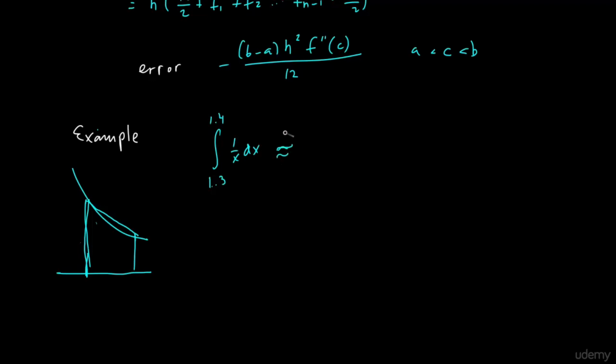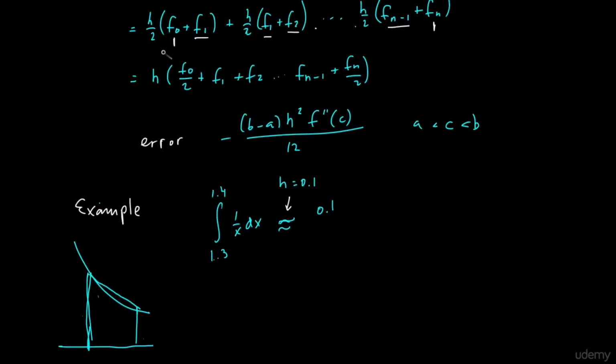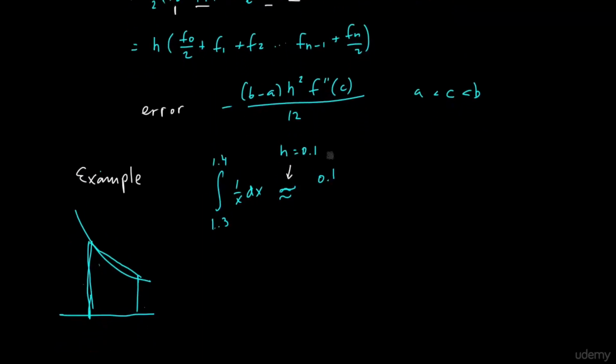So what we're essentially saying is that we're taking the value of h to be equal to 0.1. That's the distance between the left point and the right point, between 1.3 and 1.4. So we have the h value, which is 0.1, and then we apply the formula that we had up above here. So essentially we divide by 2 and multiply by the sum of the functions at those points.